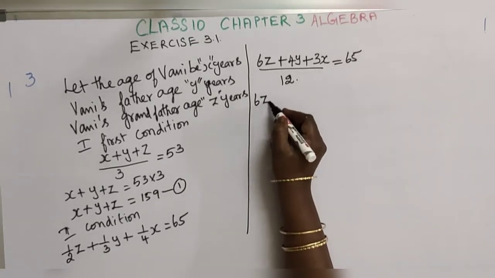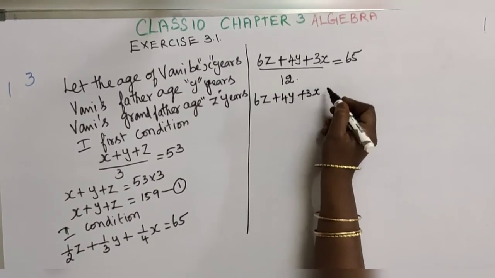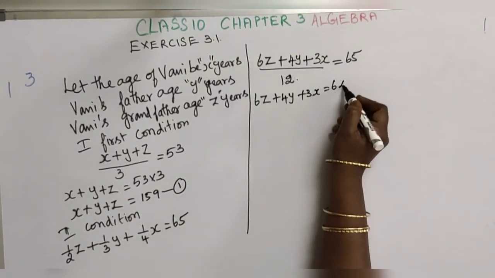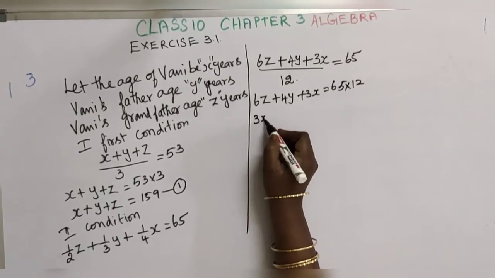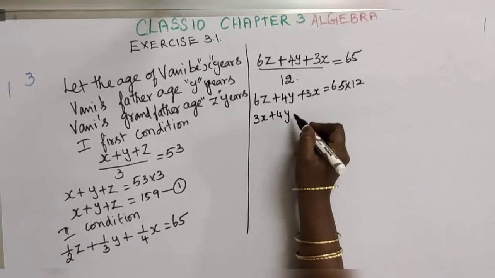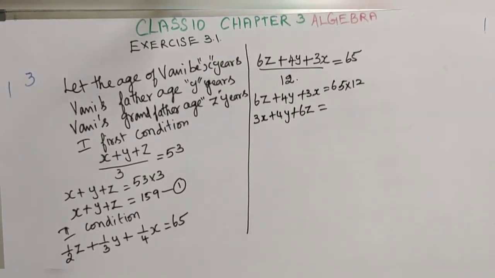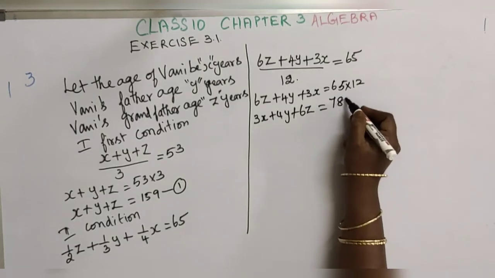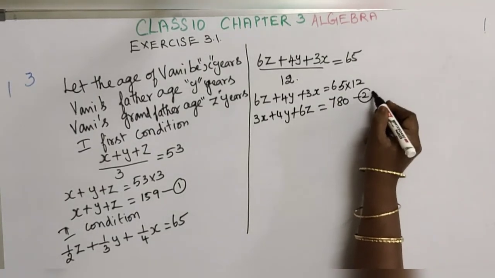Now 6z plus 4y plus 3x equal to 65 into 12. So 3x plus 4y plus 6z equal to 780. Have this as second equation.